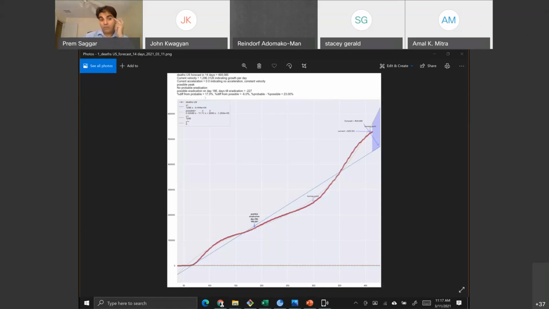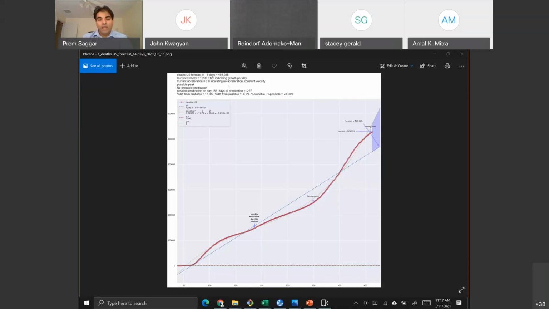And then what you're looking at over here is the percent difference from probable. The blue line is probable. I'll show you in detail how we got this. And the yellow line is possible. This will show you the big difference between how models are built for COVID.